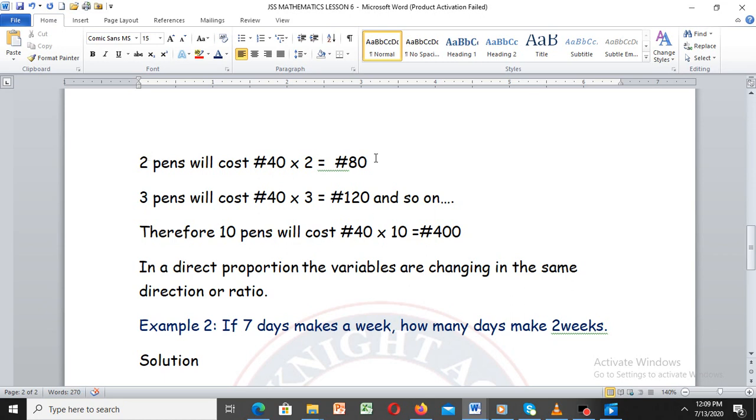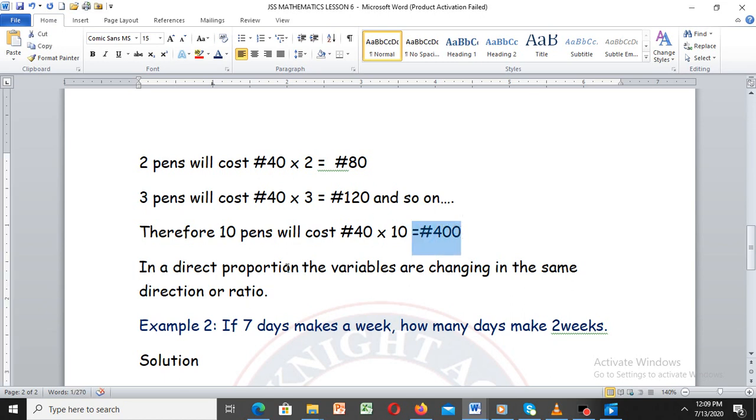The cost of 3 pens is 40 naira times 3, which will give us 120 naira. And this goes on. So therefore, 10 pens will cost 40 naira times 10, which will amount to 400 naira.